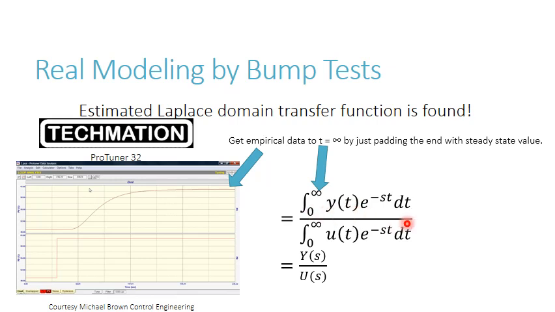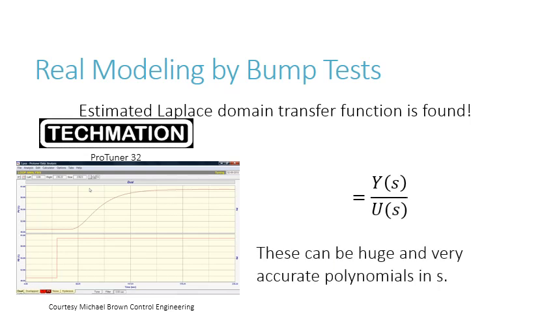Of course, now the computer would be doing this with summation, and then right there's your result. There's your transfer function. I've seen some examples of the type of polynomials that result, and they're huge. It was like a seventh order polynomial, which is something that would only be done by computer simulation, and according to Techmation, according to the people who use it, it's pretty accurate in a lot of cases.